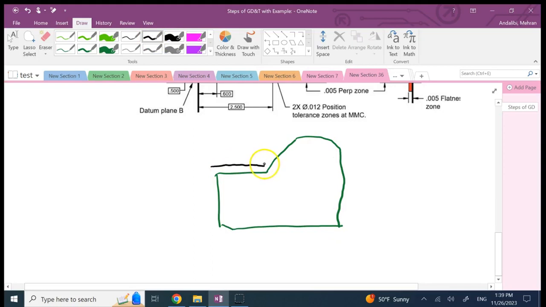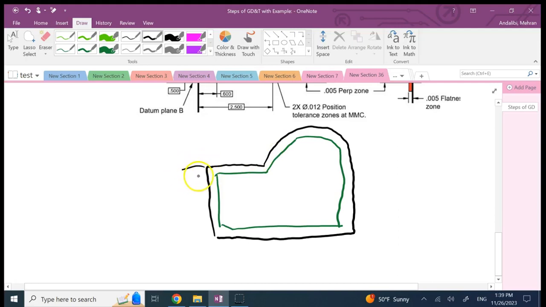So let's say this is the mating part that you have, maybe like this. It depends on how much room you have, on what these sizes are. So if you look at, for example, this size from here to here, what is it going to be made at the smallest?